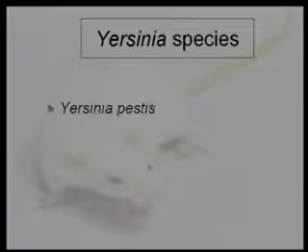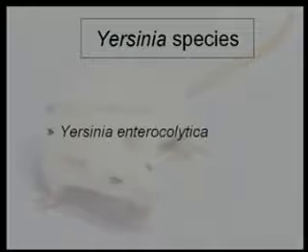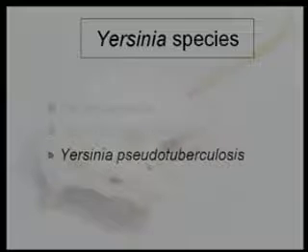Dr. Yersin is the discoverer of these organisms. You'll see that later. There are three organisms that have significance as far as human health is concerned, and the most important one is Yersinia pestis, which causes plague. Enterocolitica, I think Dr. Fox talked about that.